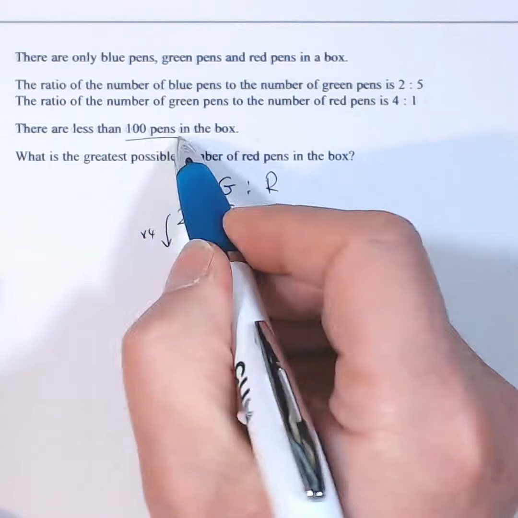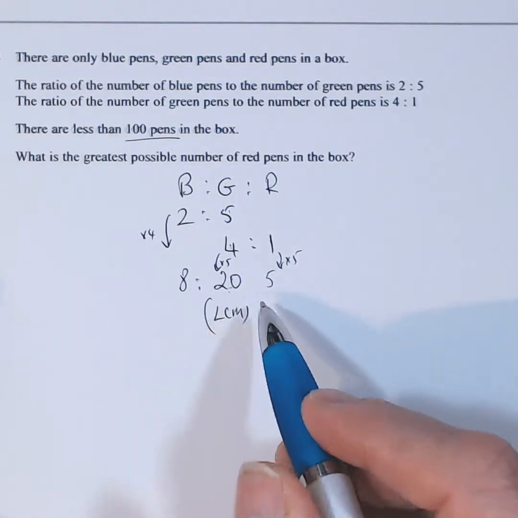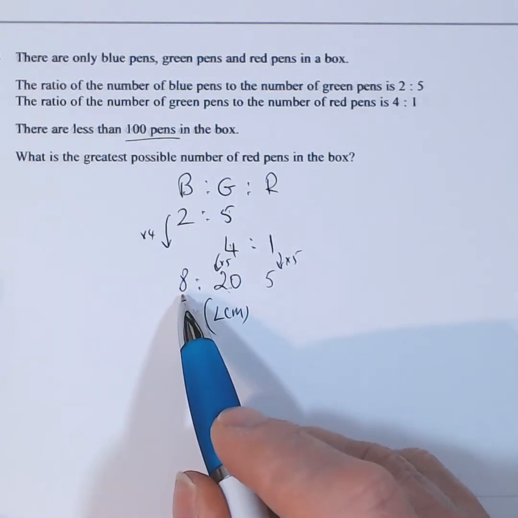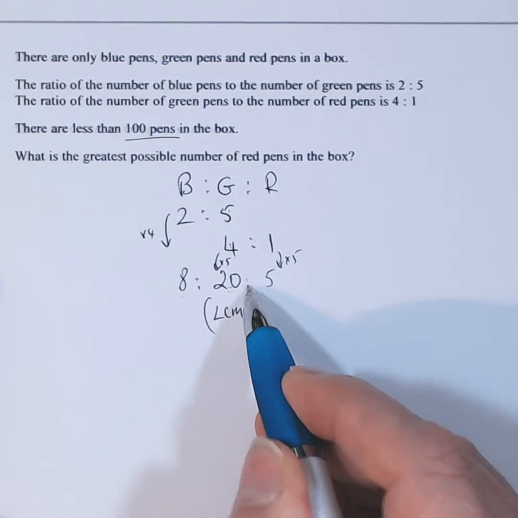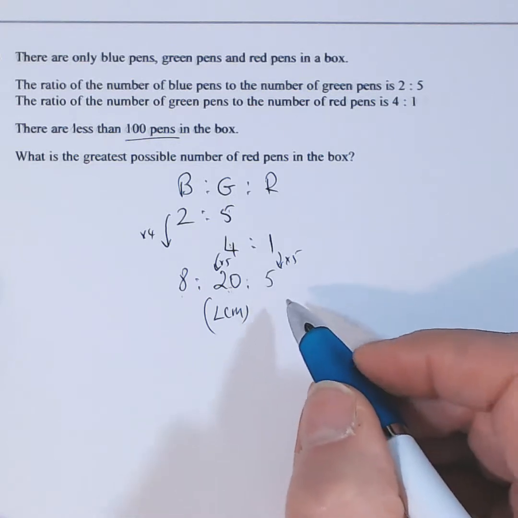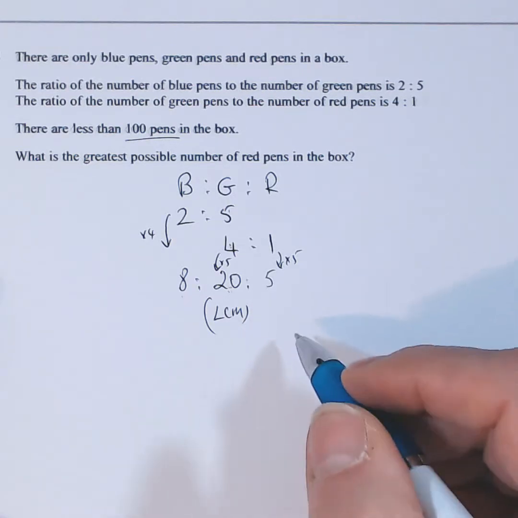It's saying we want less than 100 pens, so basically we know that the minimum number of pens would have been 8 plus 20 plus 5, which would have been 33, and we know that 3 33s is 99.